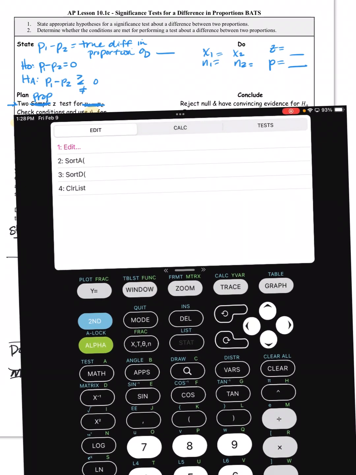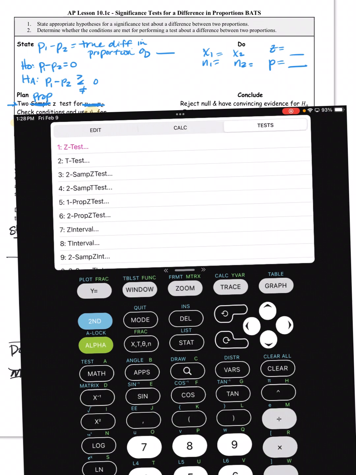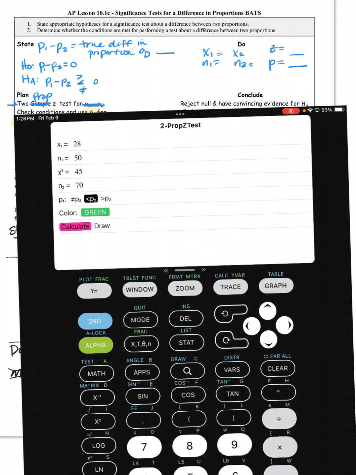Okay, so stat, number 6. Now the nice thing about your calculators, let's say that you didn't do the math and you weren't sure what x1 and n1 are. I couldn't do 34% times 100, but I could put in 0.34 times 100 and it will generate it for me. It made it a whole number.